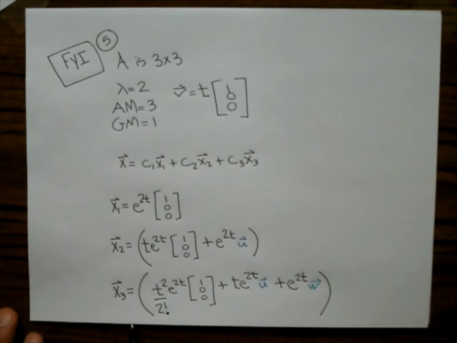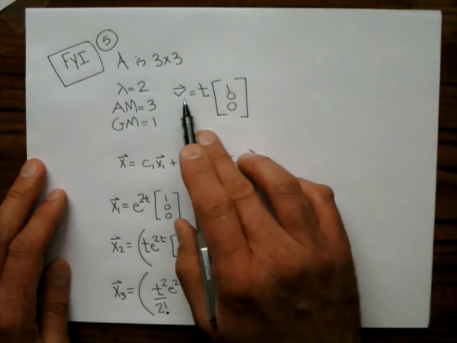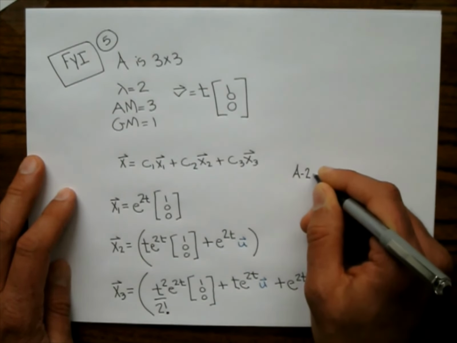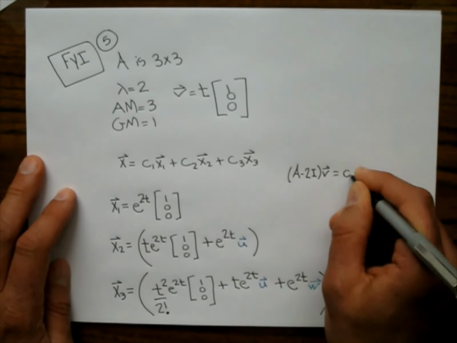And so it does get a little more complicated if you have 4 by 4 or 5 by 5 and this kind of stuff happens. And so this just kind of shows you that things can get more complicated. How do you find your V, your original V, which is this guy right here? We went A minus 2I, V is 0.